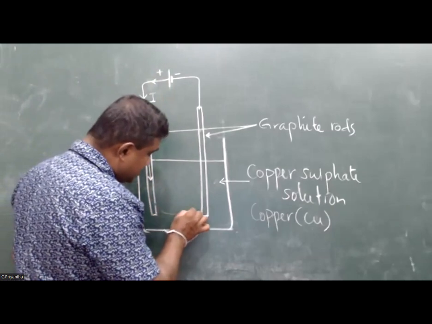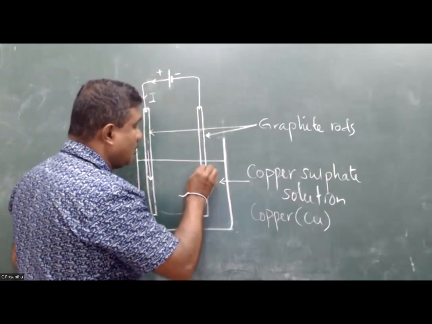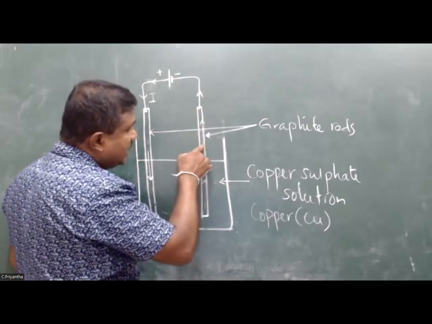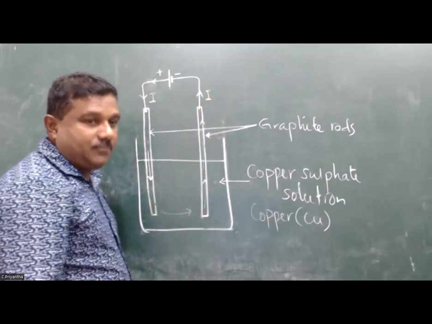This electricity travels from here to here, and comes out from the solution by this rod. Capital I is the symbol for electricity.